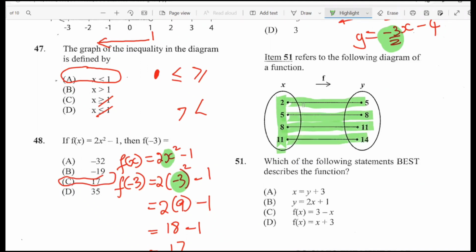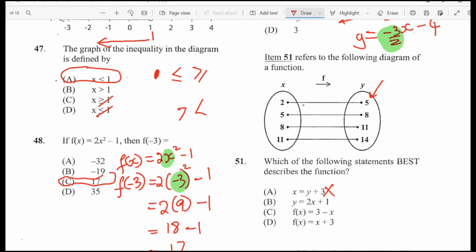So we're going to be looking at that, and then we're going to come up with one thing that suits all. Now you could quickly try them. Like you could say, all right, x is equal to y plus 3, right? X is equal to y plus 3. In other words, if I take this y and add 3 to it, do I get x? No. So this is incorrect.